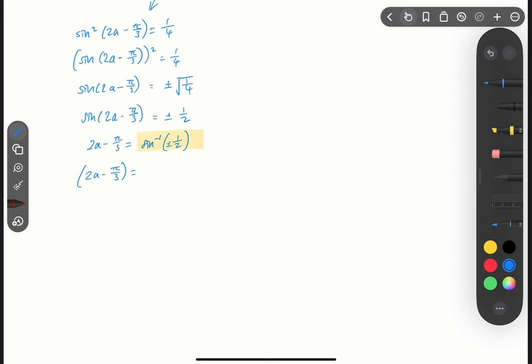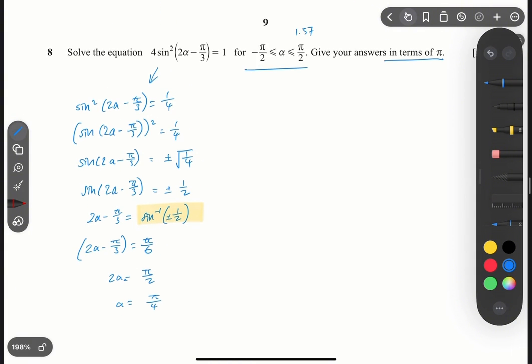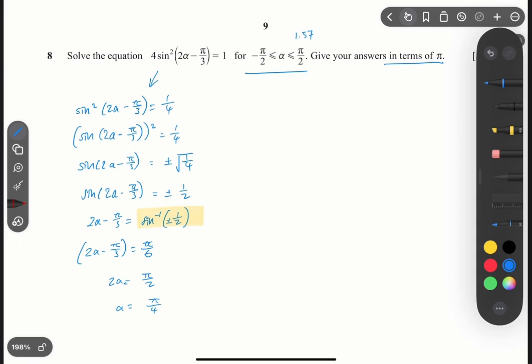The first solution you should get is pi over 6. This is the easiest solution. And then you can just take pi over 6 plus pi over 3, which should get you pi over 2 and pi over 4. And pi over 4 is within the range, so it's one of the answers.